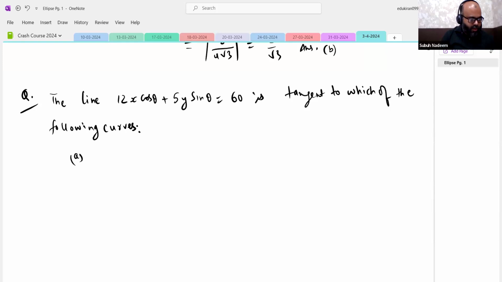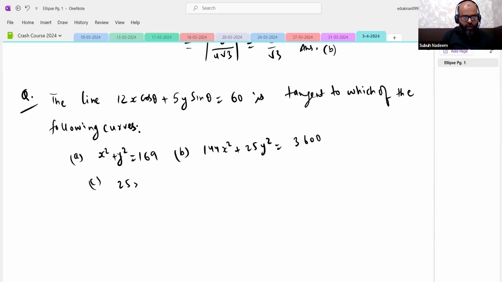Option A, x square plus y square is equal to 169. Option B, 144x square plus 25y square is equal to 3600. Option C, 25x square plus 12y square is equal to 3600. Option D, x square plus y square is equal to 60.